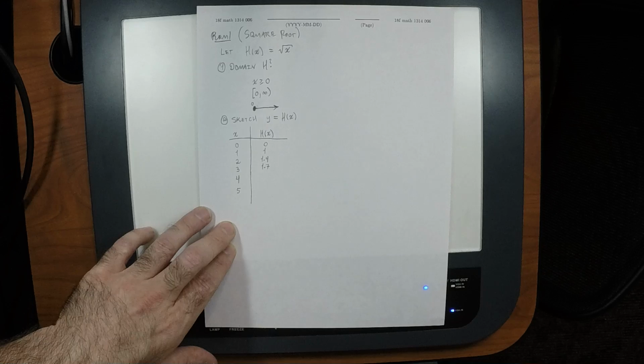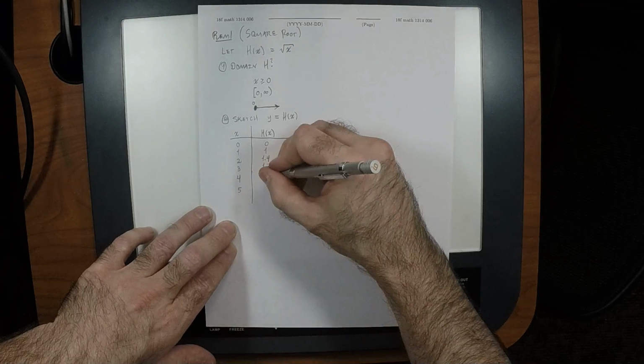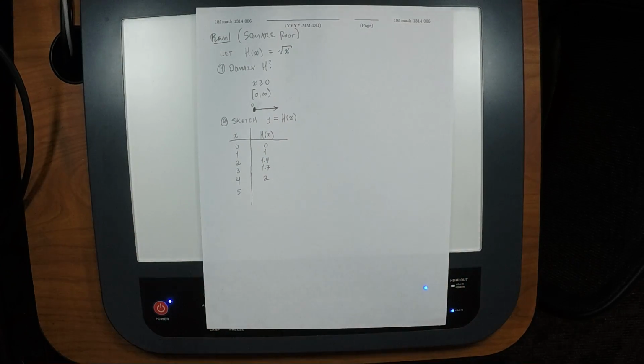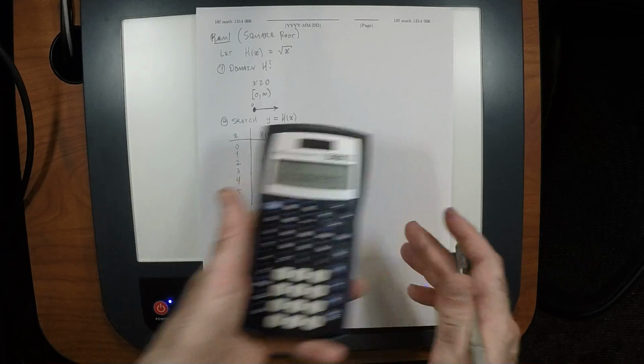The square root of 4, what is it? 2, right? Okay, so then what about the square root of 5? 2.5. Yeah, so about, according to my calculator, it's about 2.2.